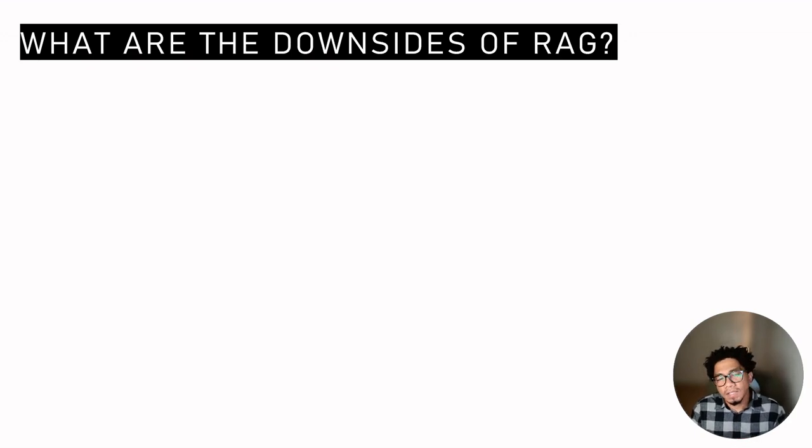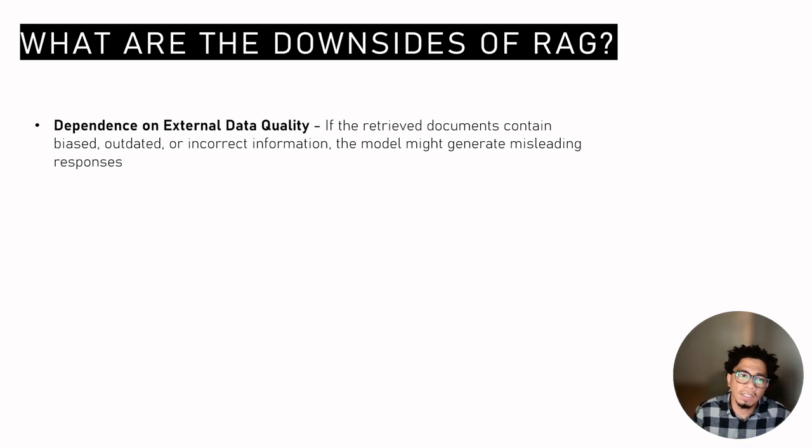Okay, so what are the downsides of RAG? So there's a dependency on external data quality, right? This is essentially the documents that you are storing, that you're passing through that embedding model and then putting in a vector database.